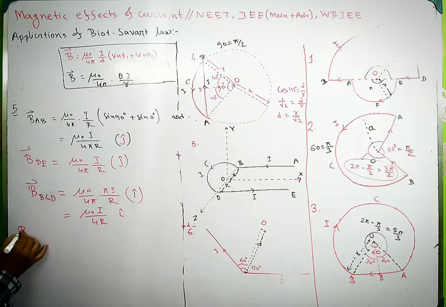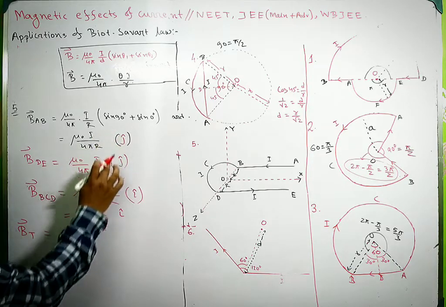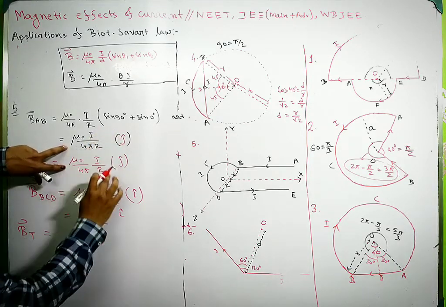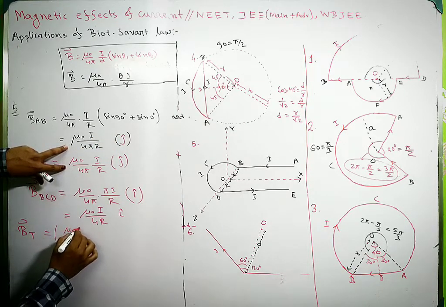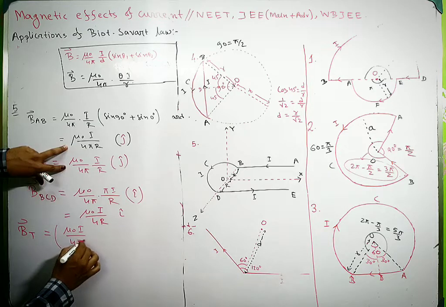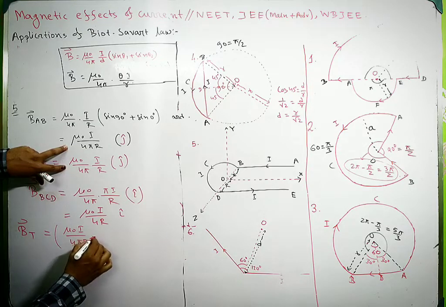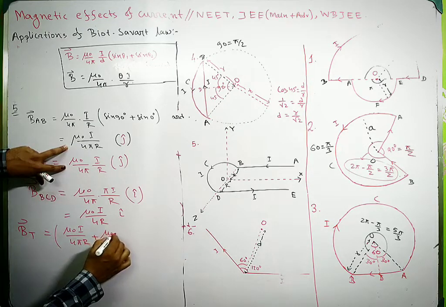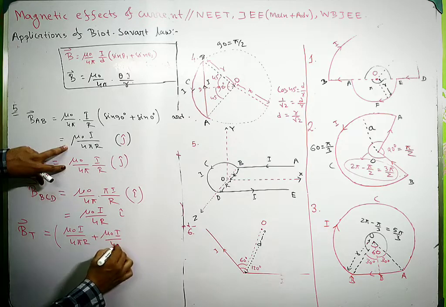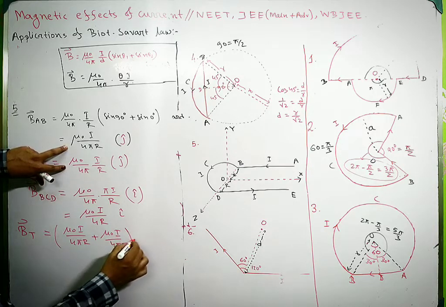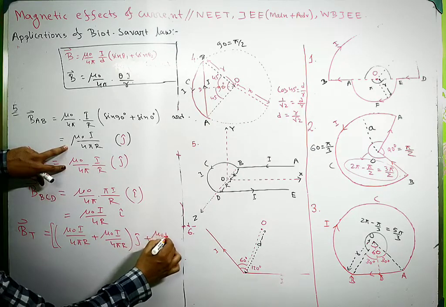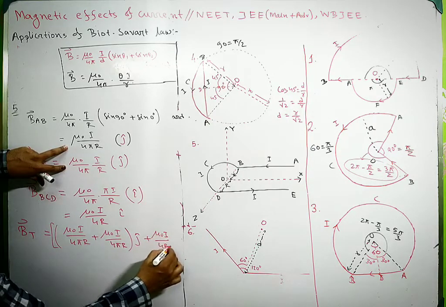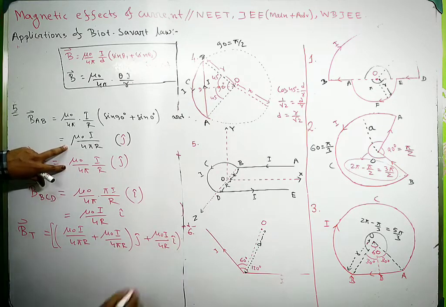So the total magnetic field is given by, since these two are in the same direction, they add: mu 0 I by 4 pi R plus mu 0 I by 4 pi R, j cap, plus mu 0 I by 4R i cap.